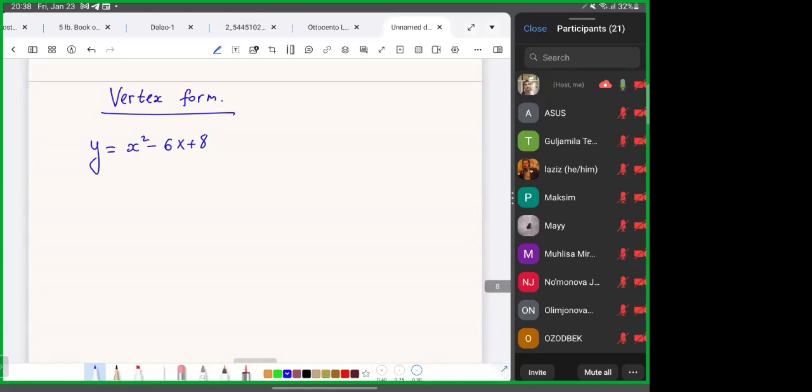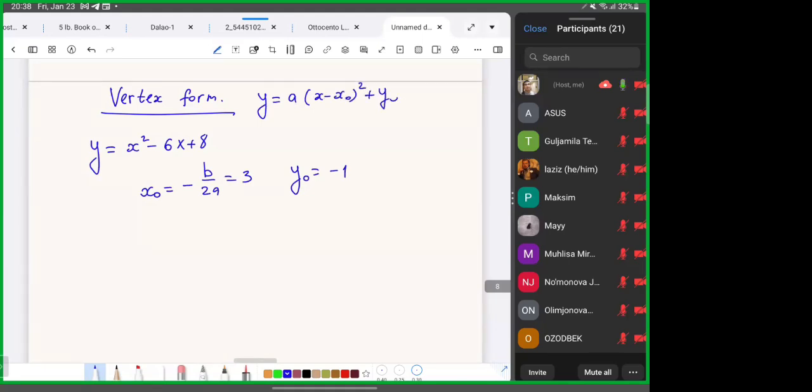According to the vertex formula, we can calculate x0 and y0. x0 is given by the formula minus b divided by 2a. It will be just 3, and y0 is minus 1.